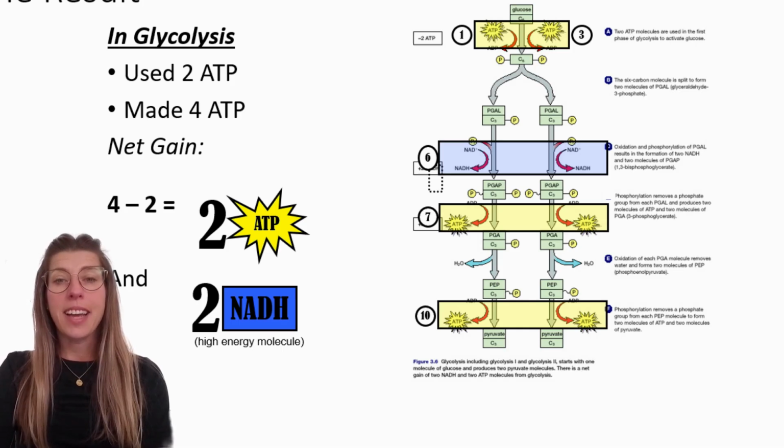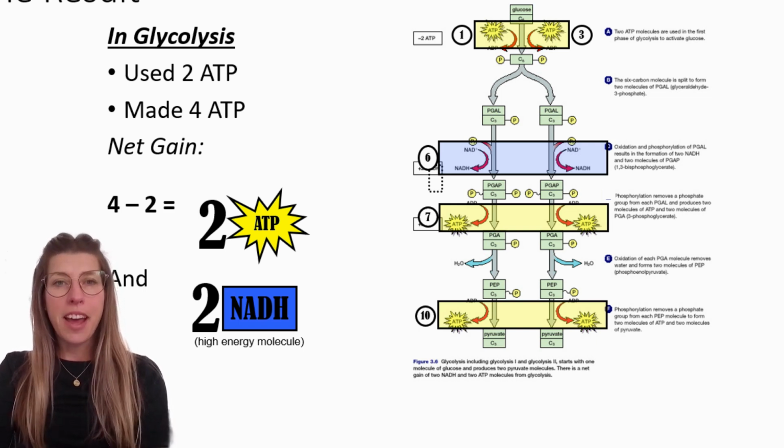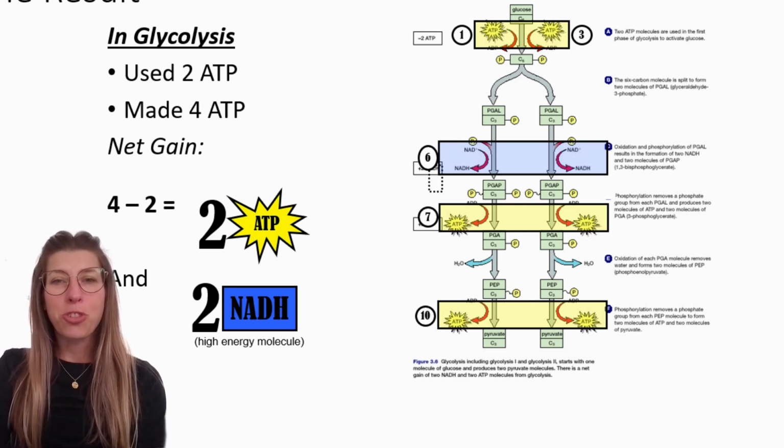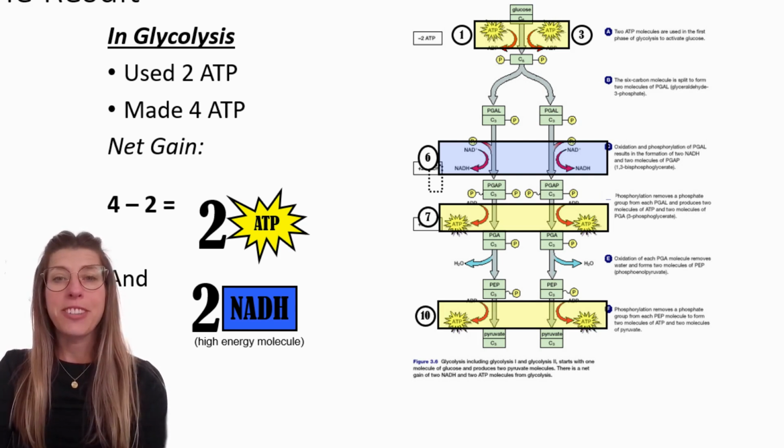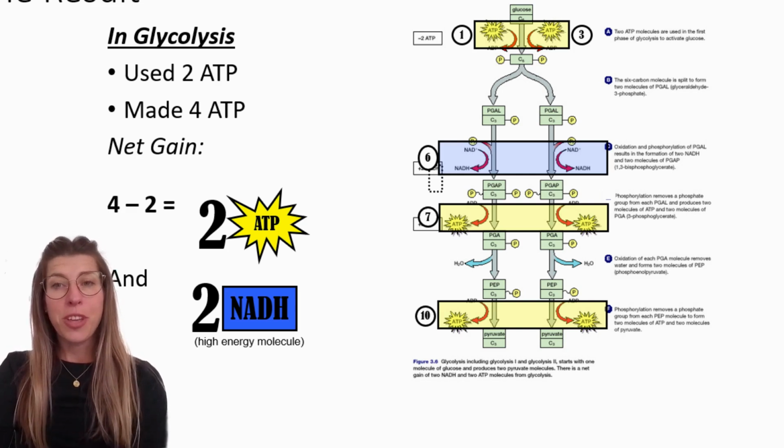Okay, so I said that the second part of glycolysis, in the end, we end up with 2 ATP. And that's because although we produce 4, the first half uses 2. Okay, so remember, glycolysis 1 is the investment stage. It uses up 2 ATP to be able to transform that glucose to eventually 2 G3Ps.